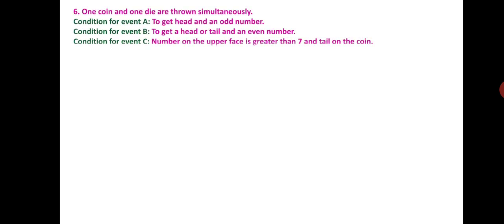One coin and one die are thrown simultaneously. Condition for event A: to get head and an odd number. Event B: to get head or tail and an even number. Event C: the number on the upper face is greater than 7 and tail on the coin. Let us try for the sample space.